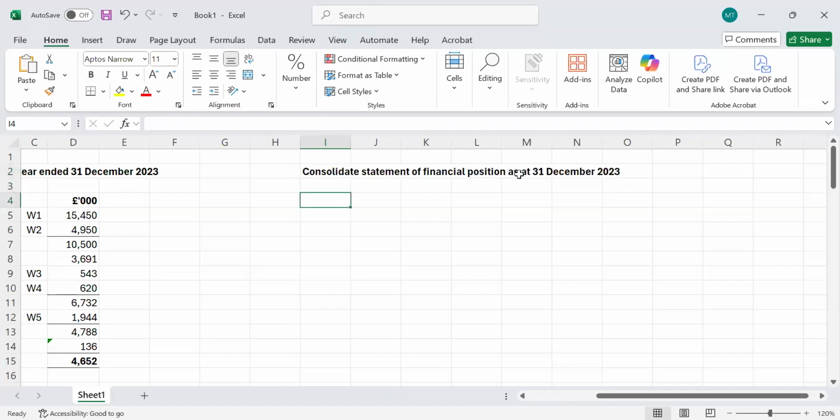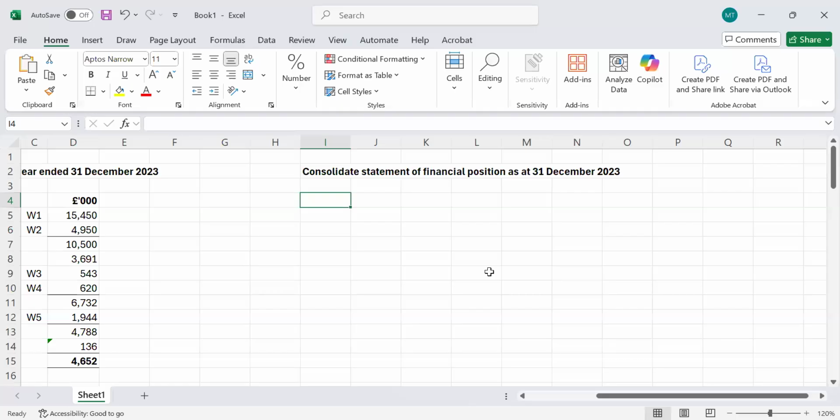Right. Now, what does this involve? Well, the first part, we look for assets, non-current and current assets. And the second part is liabilities and capital, share capital, the equity side, equity and liabilities.